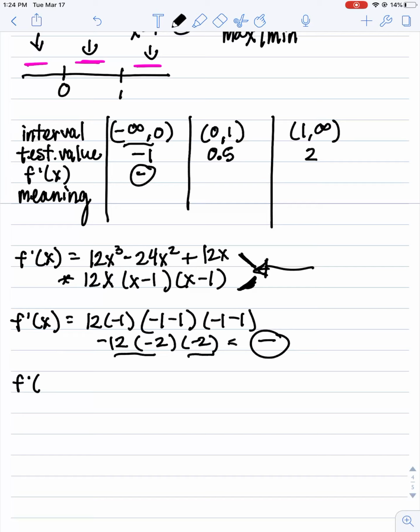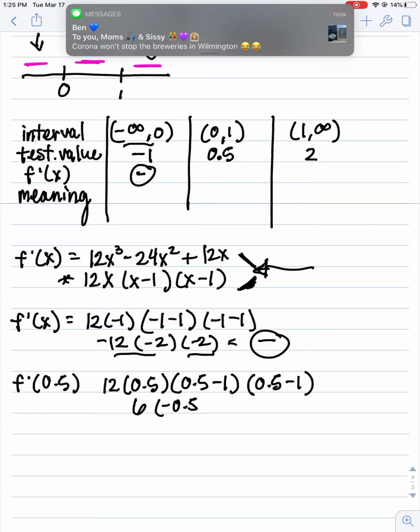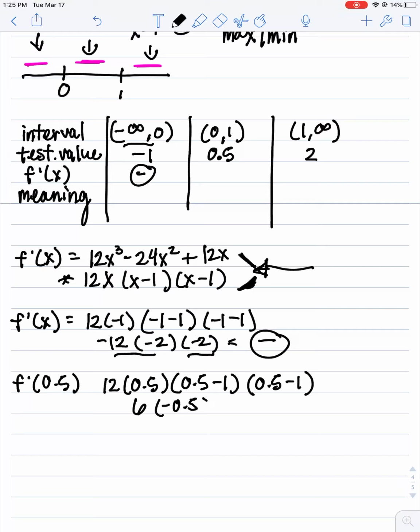If I go through and I plug in 0.5, 12 times 0.5, and then 0.5 minus 1 times 0.5 minus 1. 12 times 0.5 is 6. 0.5 minus 1 is -0.5. 0.5 minus 1 is -0.5.